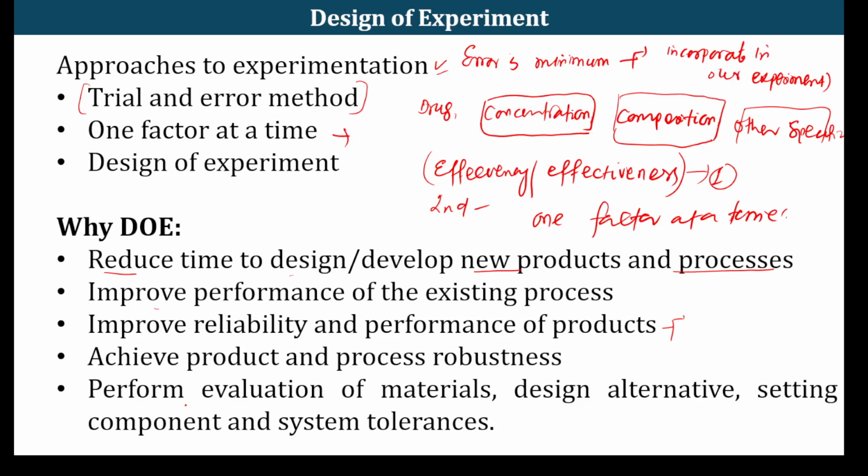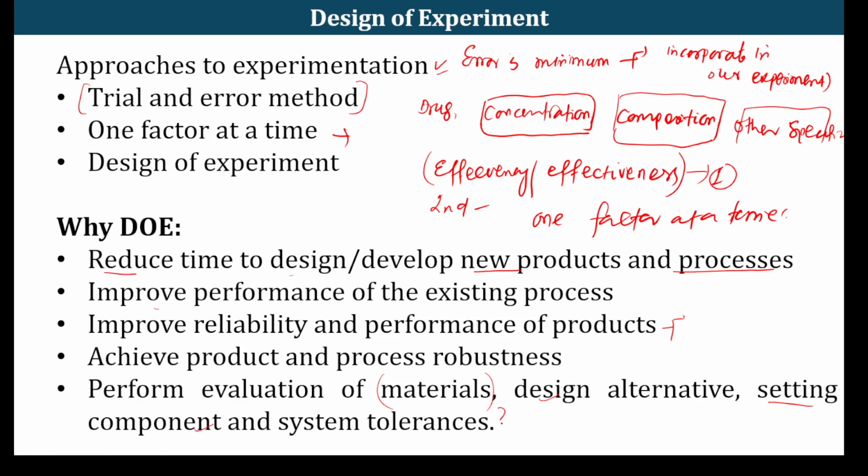Then we can evaluate different parameters, maybe the material or design alternatives. If we design the experiment, we can check the variance in the material: if we change the material, how our response comes out differently, or if we use a different design. In that way we can set the system, like setting the components.